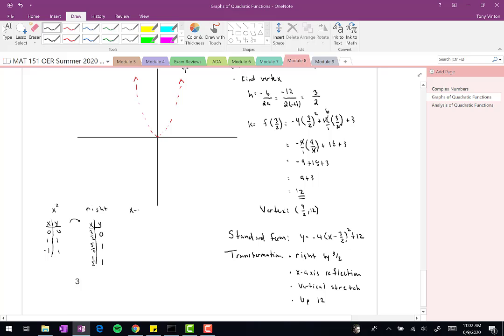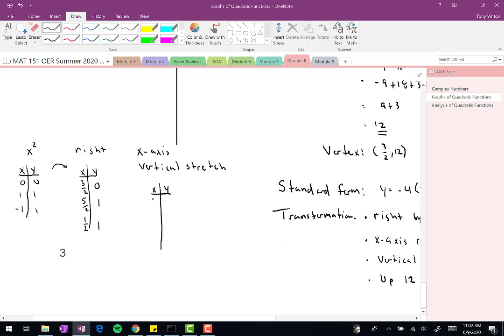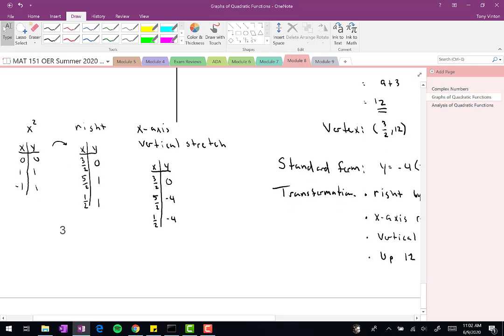So now for the x-axis reflection and the vertical stretch, what you're doing is multiplying that negative 4 essentially to the y values, because you're affecting the outside or the y values. So then my points are going to be 3 over 2, 5 over 2, and 1/2. But now my y values are going to be 0, negative 4, and negative 4. What I've done is I've multiplied a negative 4 to each of those.